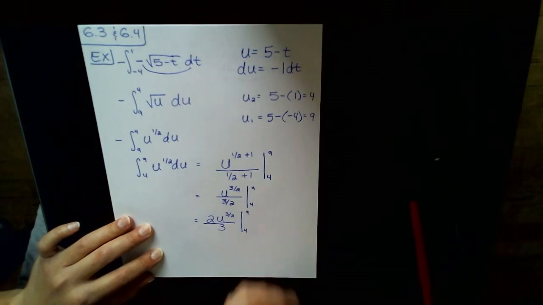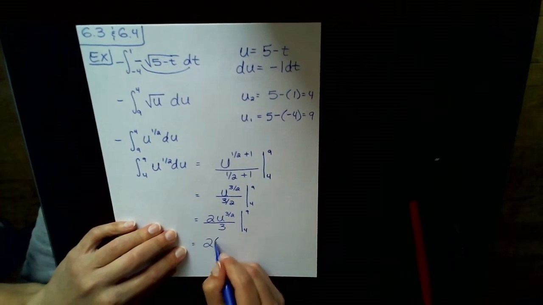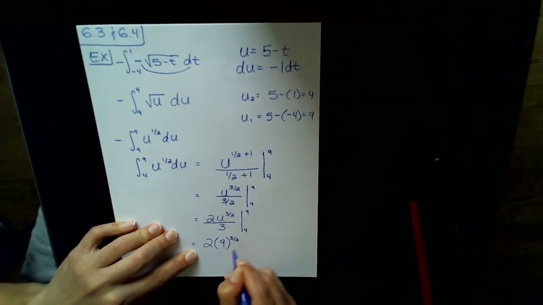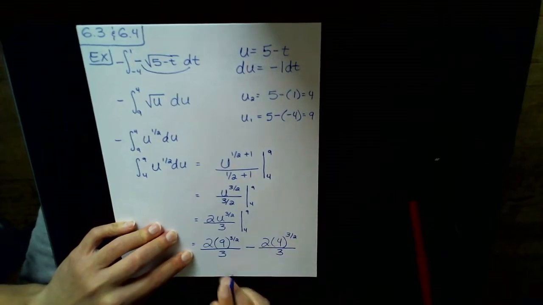And now we can plug in the 9 and the 4. We get 2 times 9 to the 3 halves over 3, minus, now we plug in 4, 2 times 4 to the 3 halves over 3.